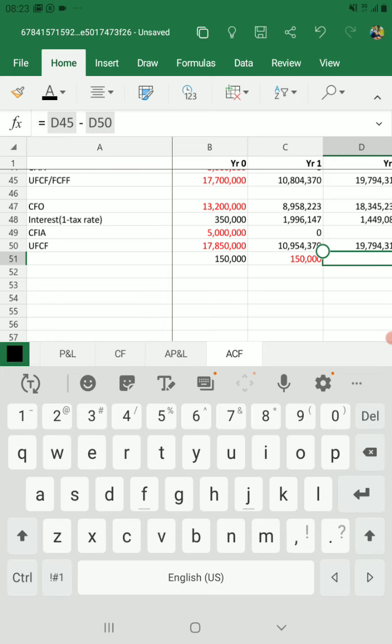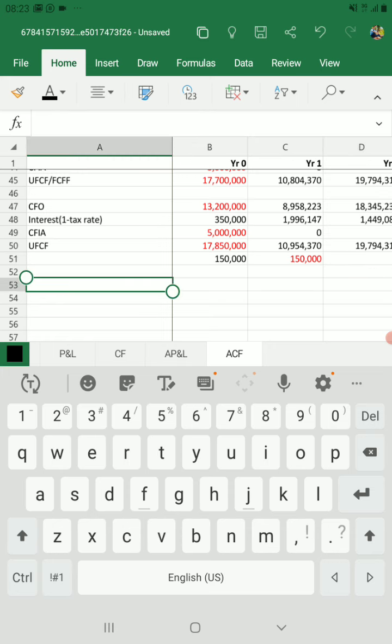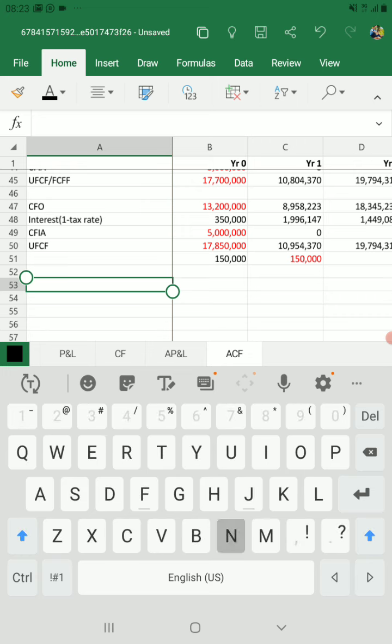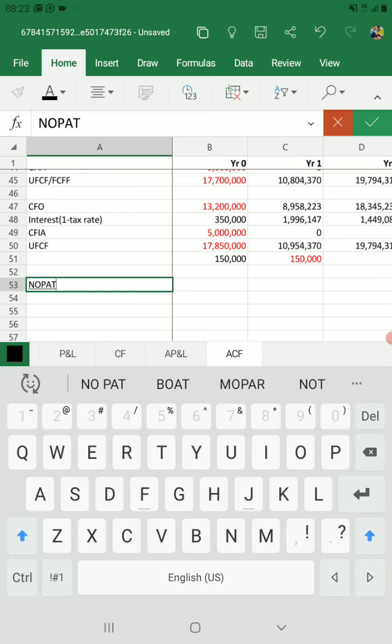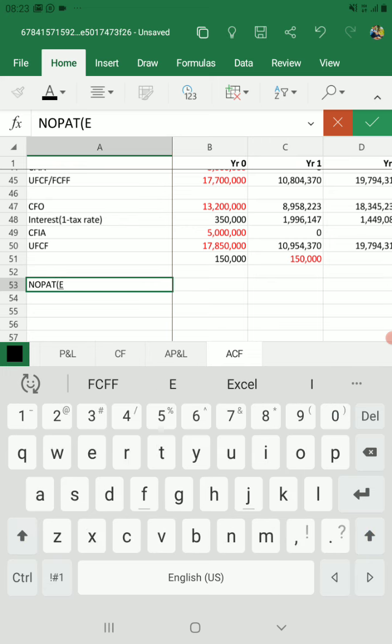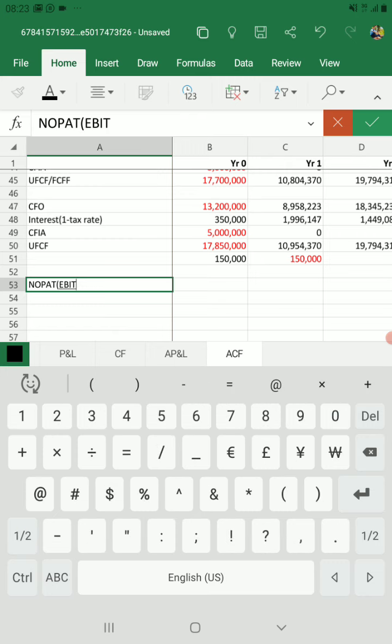Okay, now let us use another one that is used, and this one is, you start with net operating profit after tax, NOPAT, which is basically earning before interest and tax, and then in the bracket 1 minus tax rate.